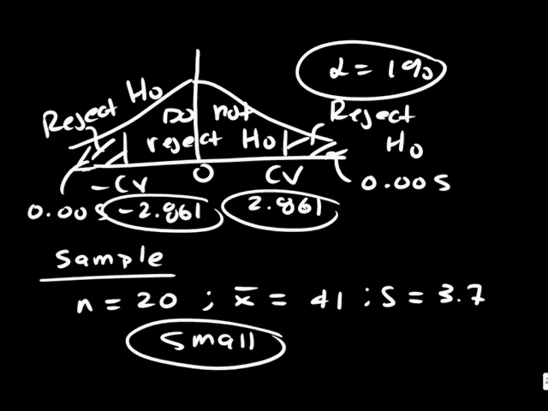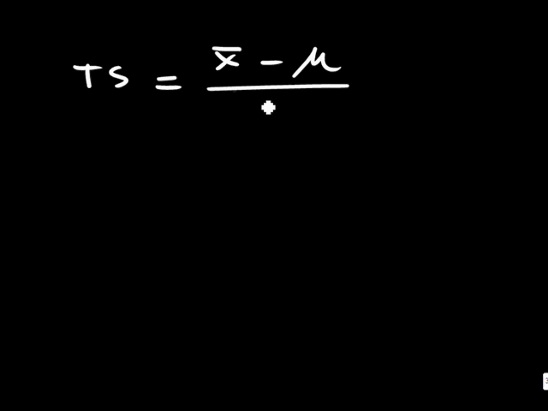Now to compute the test statistic: it is the sample mean minus the true mean over the sample standard deviation divided by the square root of the sample size. So using the information of this problem, we get 41 minus 35 over 3.7 divided by the square root of 20.